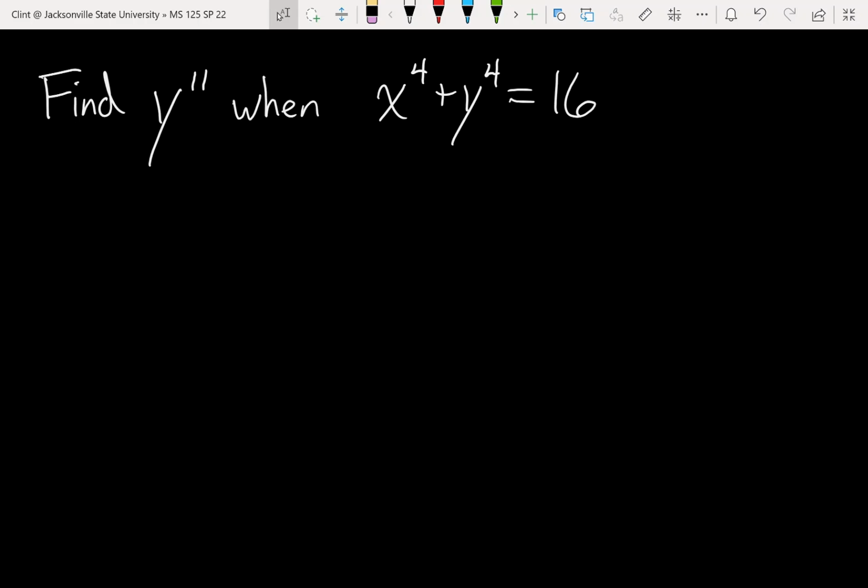Just so we can say we know how to do it, we've got one where we need to find the second derivative implicitly.